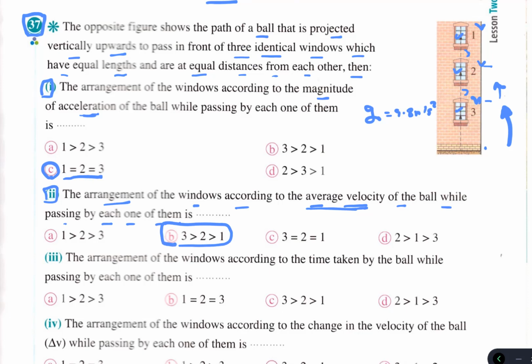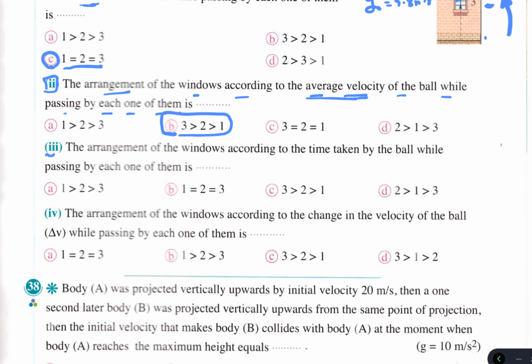The average velocity for Windows 3 is larger than the average velocity for Windows 2, larger than the average velocity for Windows 1, because while you are going up, the velocity decreases. Okay. Let's move to number 3.